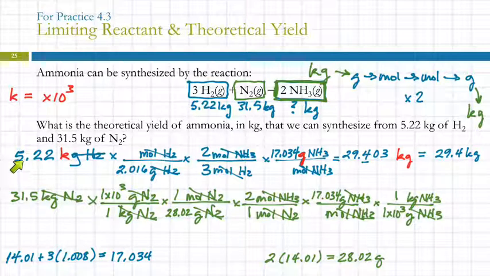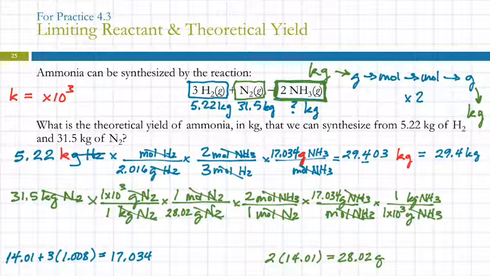Now, if you like the first method, you can probably see that you could just take this one, and they're going to cancel out, right? And that's why this first method works. But we're going to do it the long way here. Let's start with the right number. 31.5 times 1 EE3 divided by 28.02 times 2 times 17.034 divided by 1 EE3.